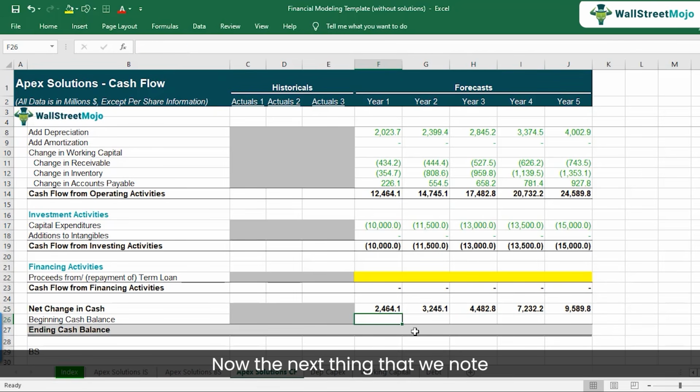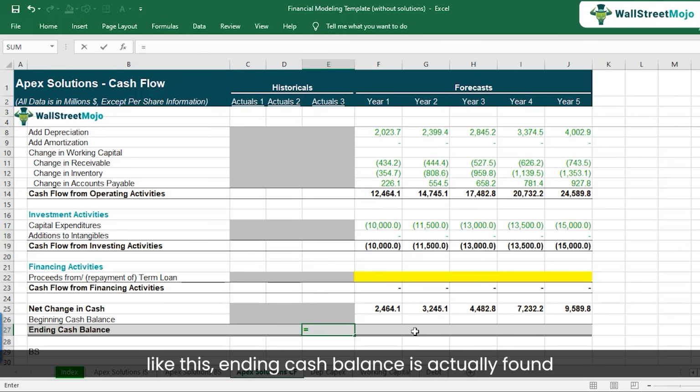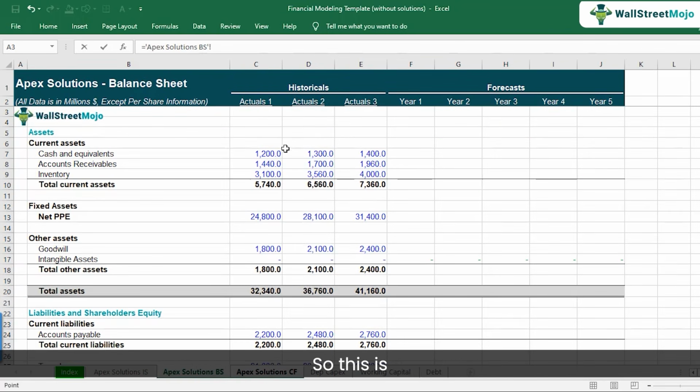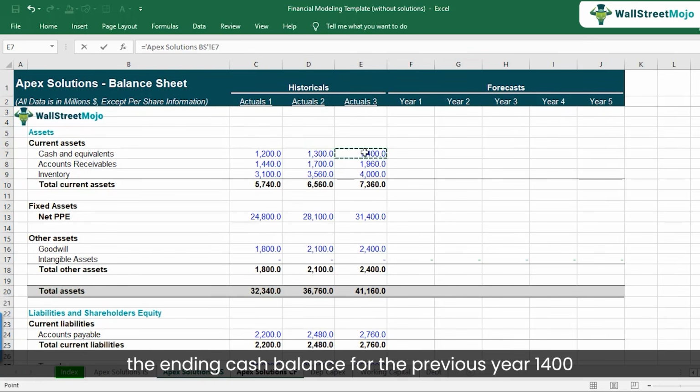Now, the next thing we note is that in year one, we are getting this 2464.1 as a positive change in cash. At the start of the year, you would have had a certain amount of cash, and that will get added up in order to find the ending cash balance. So we put the formula like this. The ending cash balance is found in the balance sheet here. This is the ending cash balance for the previous year, 1400, so I'm linking it from the balance sheet.